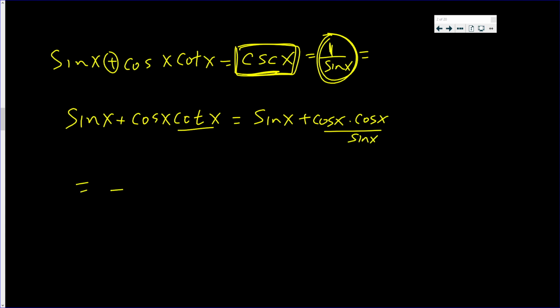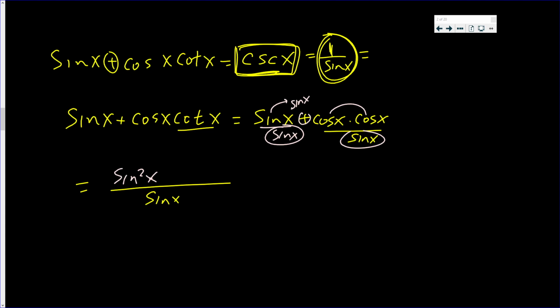But I'd love to have a common denominator, which means I'm going to multiply this term by sine x over sine x. That way we have the same denominator. Sine x times sine x, that's sine squared x, plus cosine x times cosine x is cosine squared x.